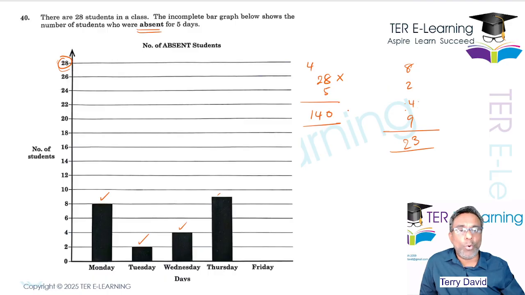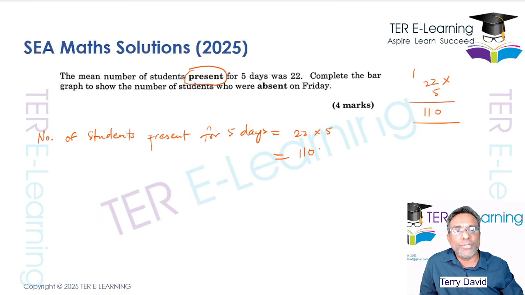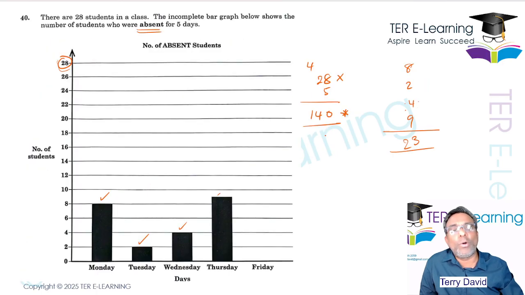Now 140 represents how many students are there. So since I know the number of students who were present for the 5 days is 110, I'm going to take that 140 and subtract the 110. And you're going to get 30. So this is 30 absent for the 5 days.